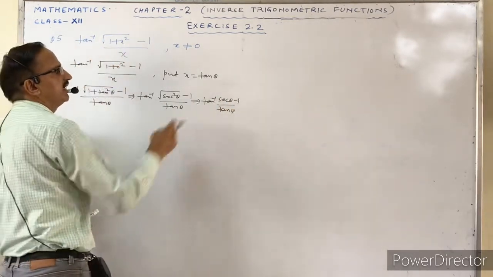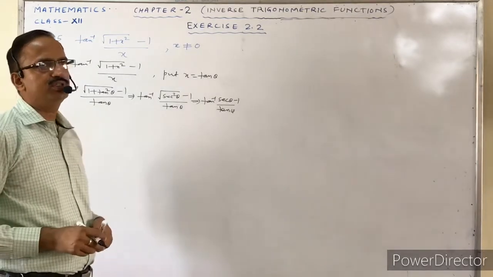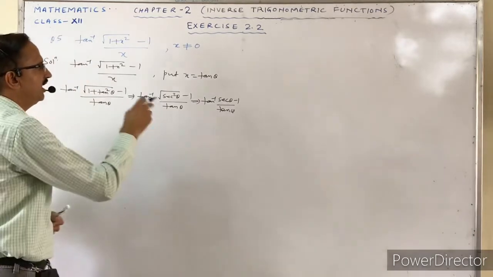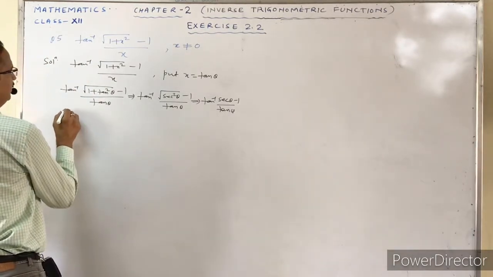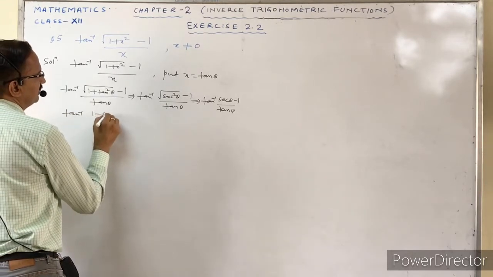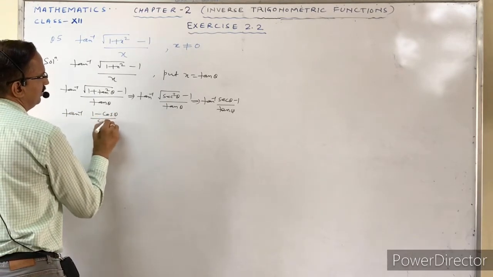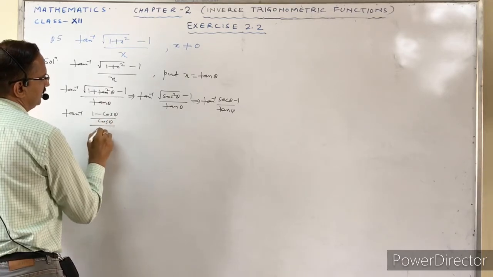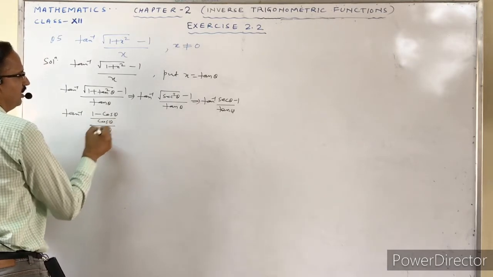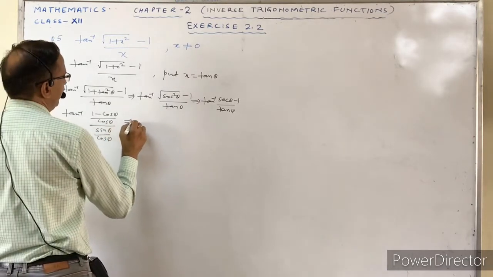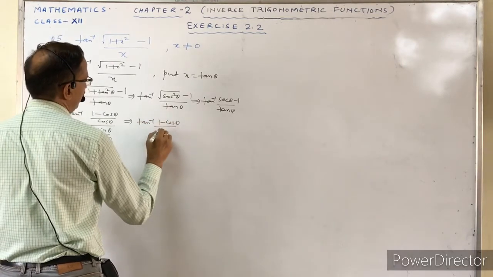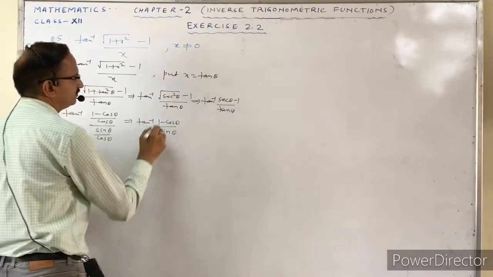When we convert sec theta as 1 by cos theta and tan theta as sin theta by cos theta, we get tan inverse of 1 minus cos theta upon cos theta, divided by sin theta upon cos theta. Again cos and cos cancel out, and we will get tan inverse 1 minus cos theta upon sin theta.